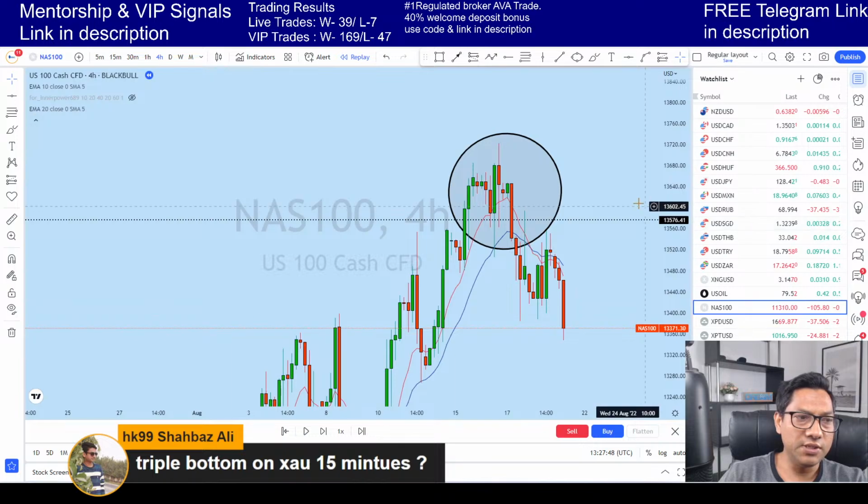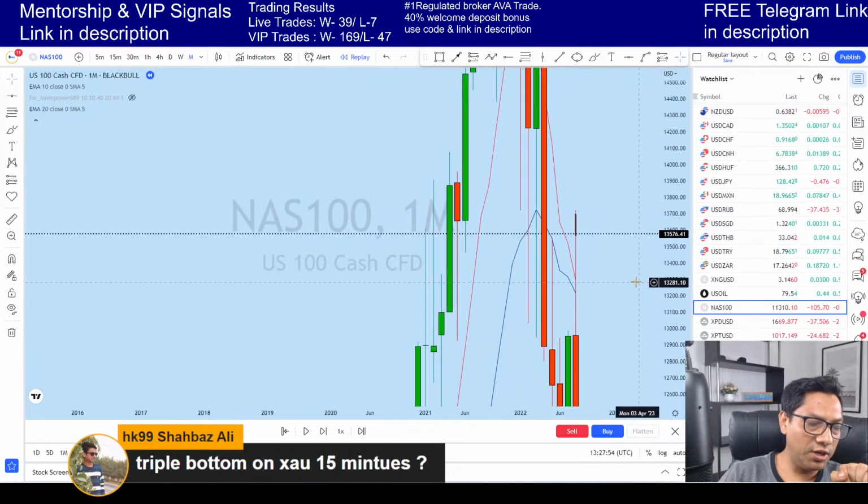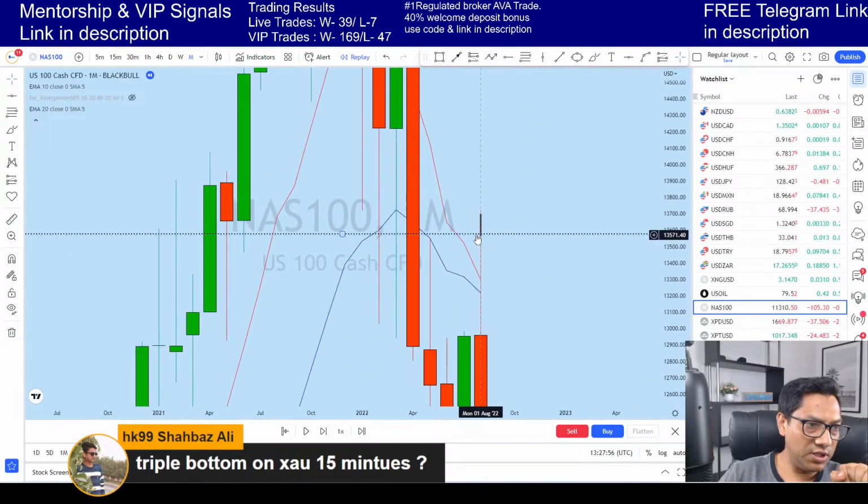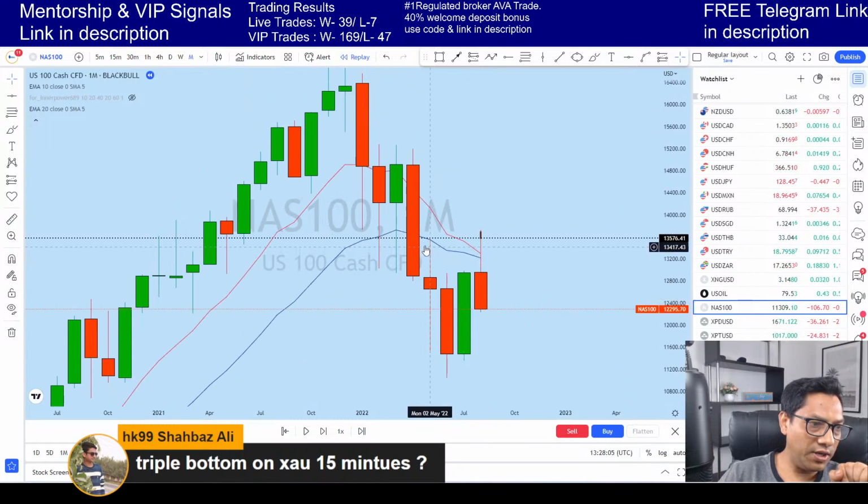The reason is this circle that I have drawn is, if you look at the monthly chart, you see this is the dotted line and the circle is here. When this price was going up, it has gone up and violated this doji's high.